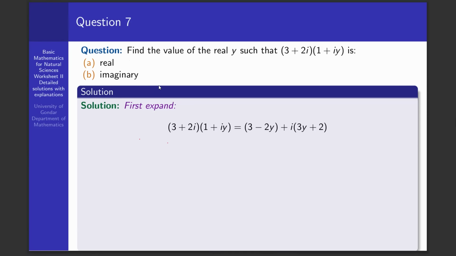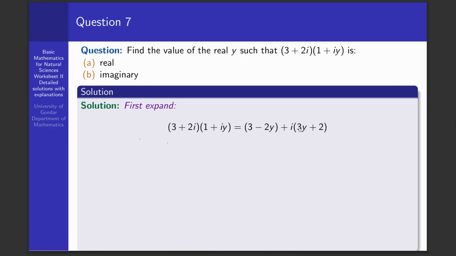In the first case, we are asked to determine the value of y which makes this complex number real. That means making the imaginary part, 3y plus 2, equal to 0. The complex number is real whenever its imaginary part is 0, and purely imaginary whenever its real part is 0.